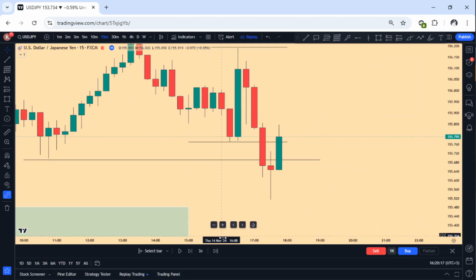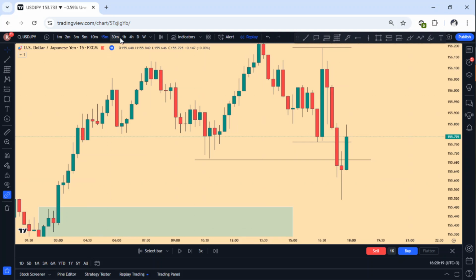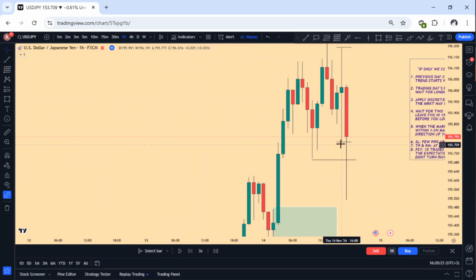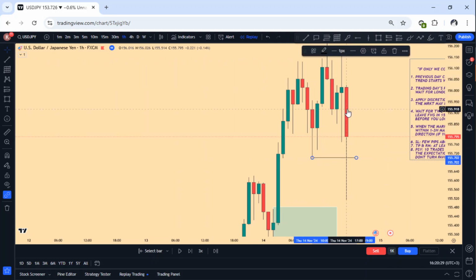At this particular point, after everything has been liquidated, I want you to take note that you can still get a risk entry. How can you get a risk entry? Only if the 1 hour closes within, not outside. If this 1 hour closes outside, then most probably it will come up to this particular order block.